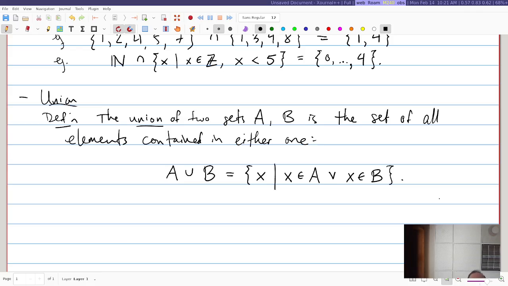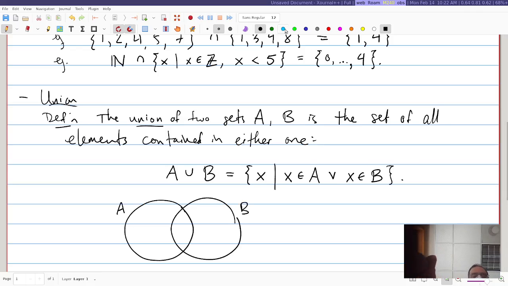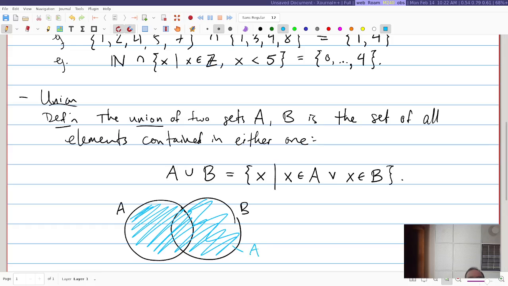So we can visualize it like this. Here's A, here's B. Their intersection is everything, all of this, that's all their union. Oh, sorry, did I say intersection? I meant their union. Their union is all of them.